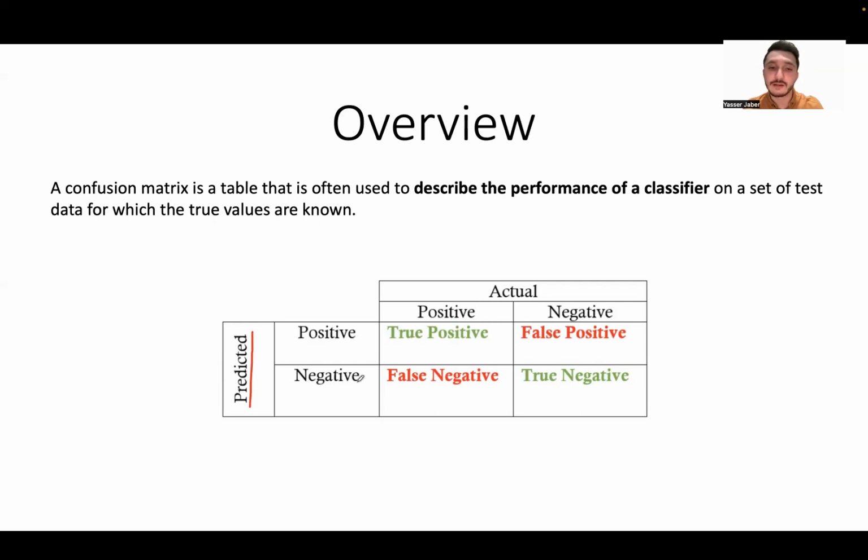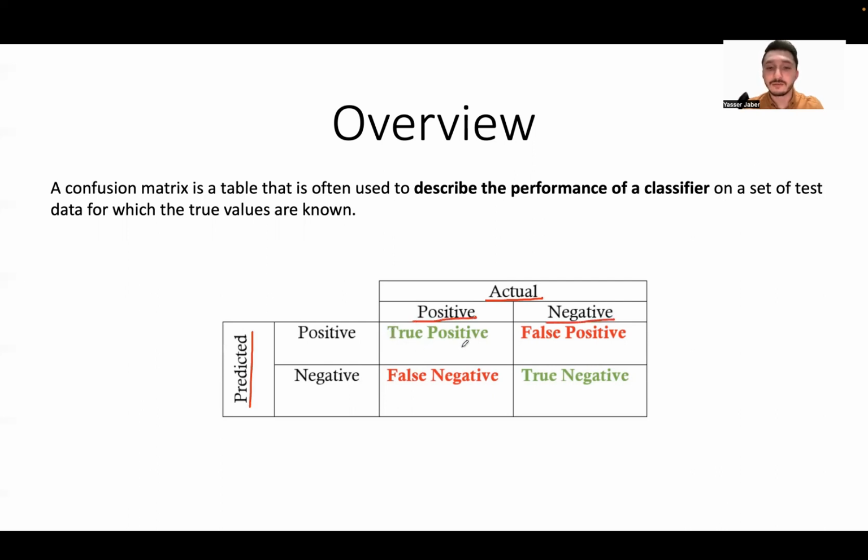Let's assume, for example, that we are talking about classifying an email if it is spam or not spam. So the positive will be spam, negative will be not spam. Then here on the columns, we have the actual value. That's the real value of the email, for example, if it is positive or spam or negative or not spam.